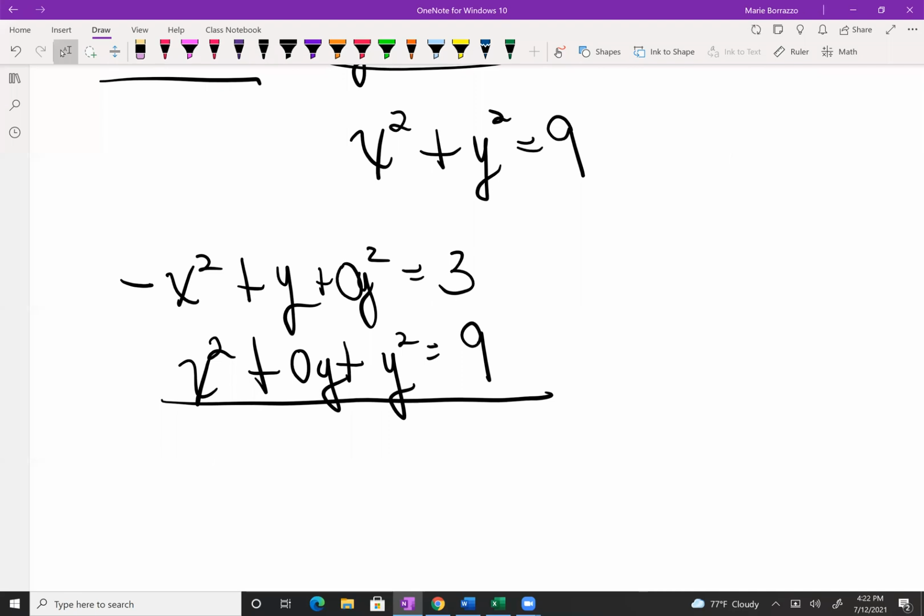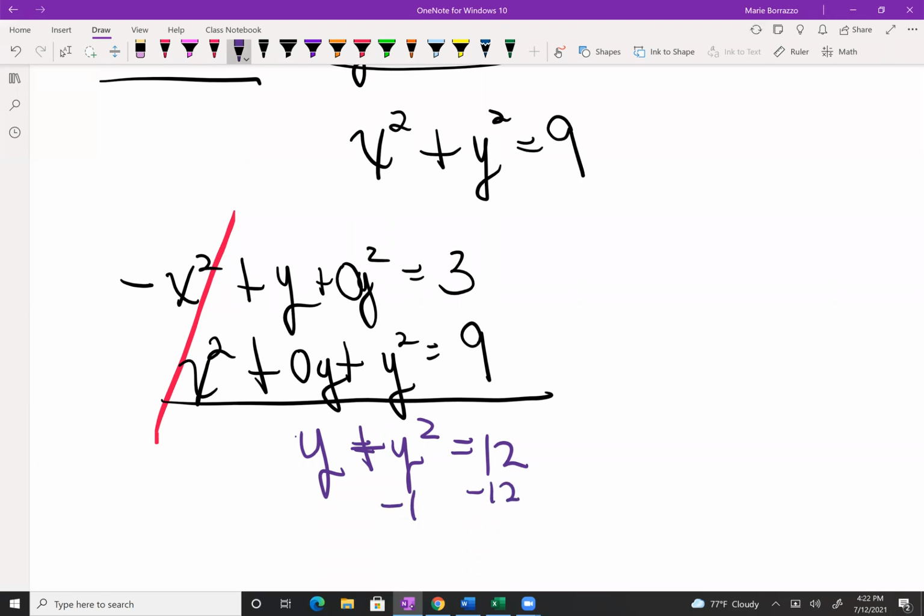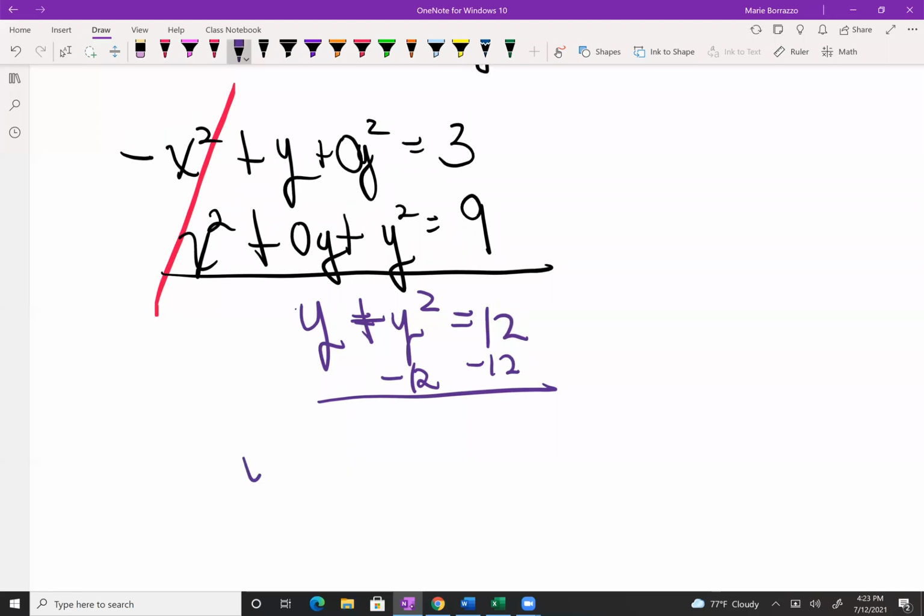If I group them together, notice that the x squared terms cancel, and I'm left with y plus y squared equals 12. If I subtract the 12 and move it over to the left side, I end up with y squared plus y minus 12 is equal to 0.